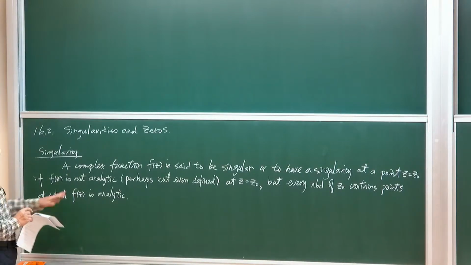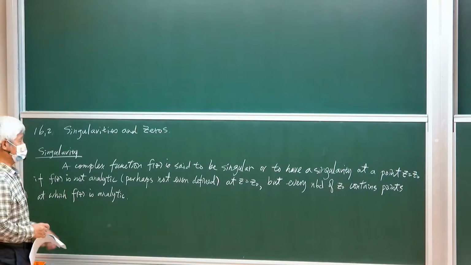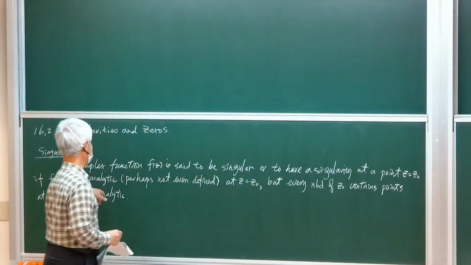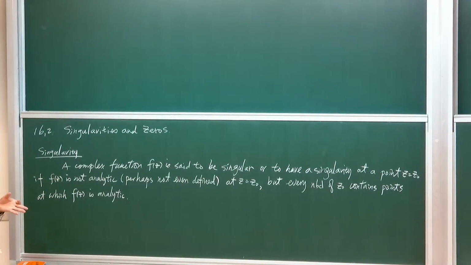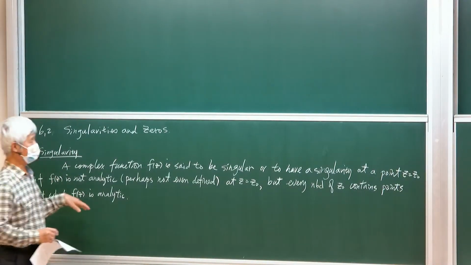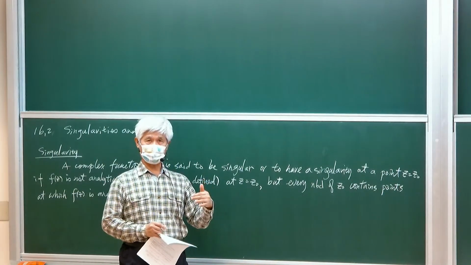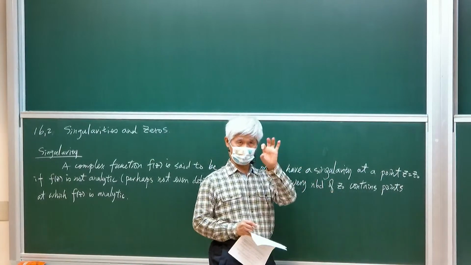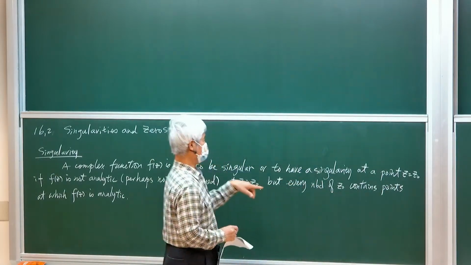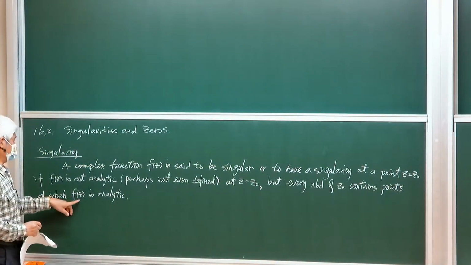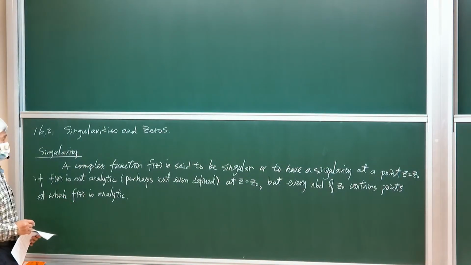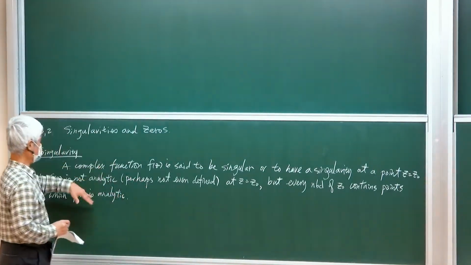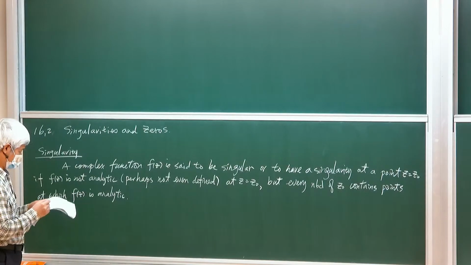So there are two conditions to have a singularity at a point. The first one is that at that point, this function is not analytic. The second, in every neighborhood of that point, there is a point at which f of z is analytic. So you have to identify such singularities.